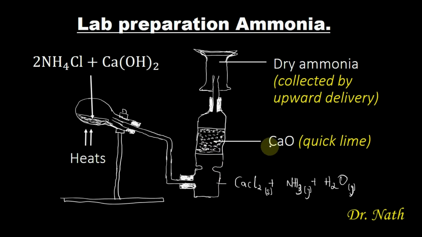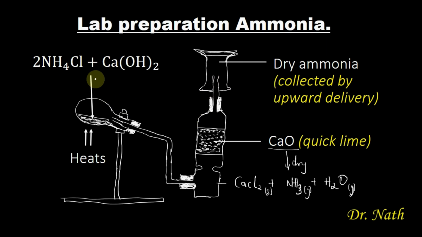As it passes through this part of the setup where we have calcium oxide, also known as quicklime, it will dry the ammonia. So the function of this calcium oxide is to dry the ammonia, and then the ammonia is collected by upward delivery. We have the dry ammonia here collected by upward delivery, and I've said that the reason why ammonia is collected by upward delivery is because it is lighter than air.